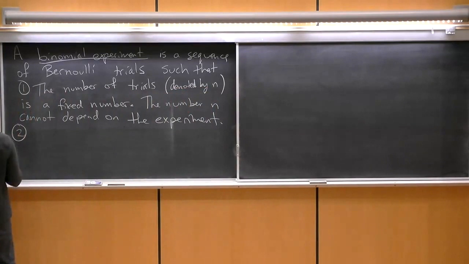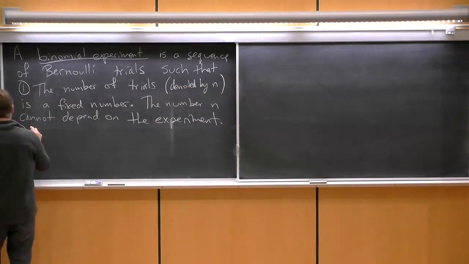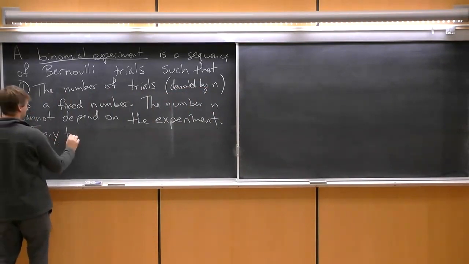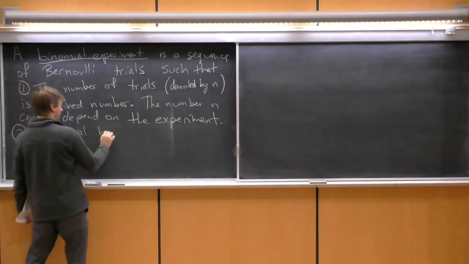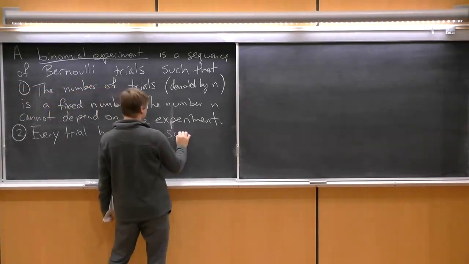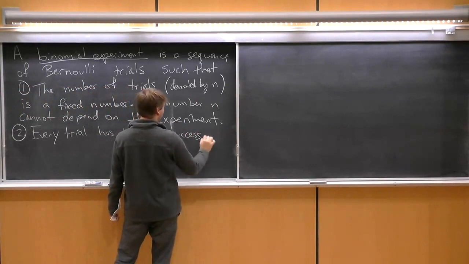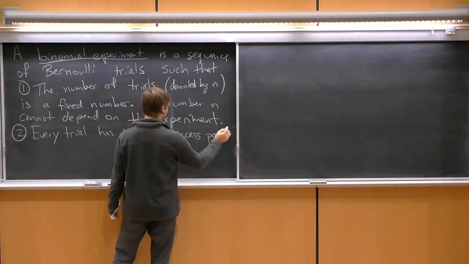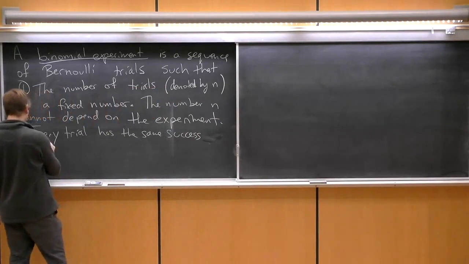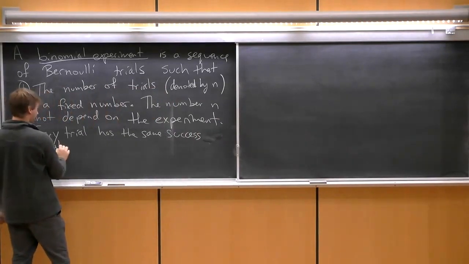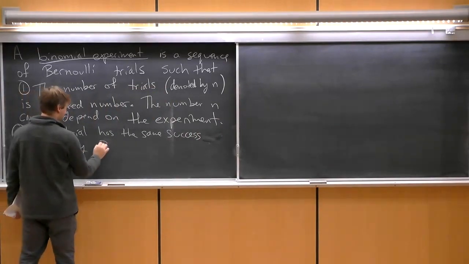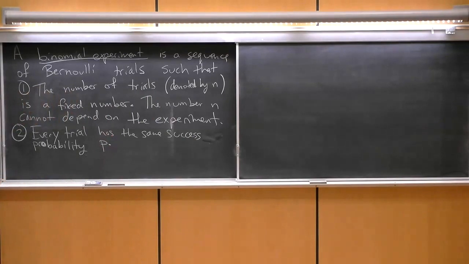Second property is that every trial has the same success probability, let's say p.